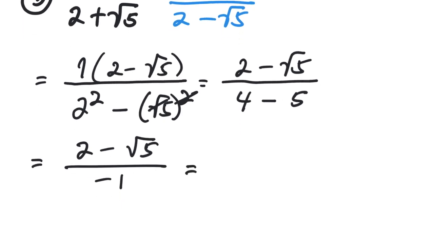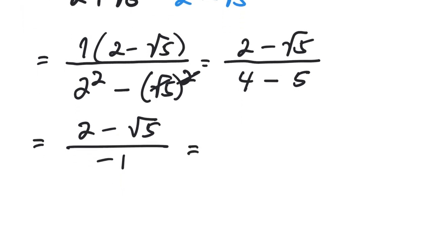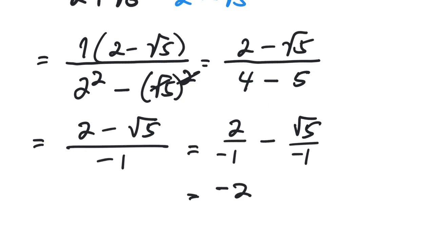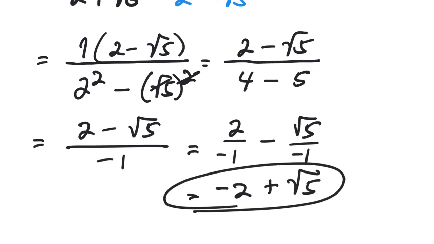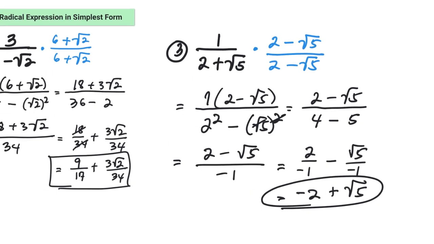So if you're going to break it out something like this, 2 over negative 1 minus root 5 over negative 1. So in here, you're going to have negative 2 only, and then plus, this is going to be plus root 5. Okay? So that's your final answer.